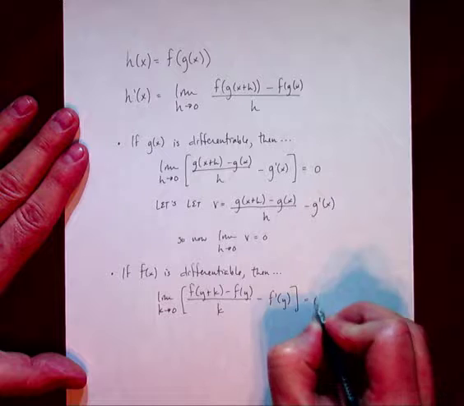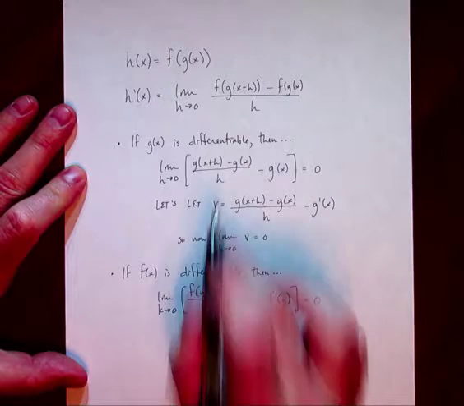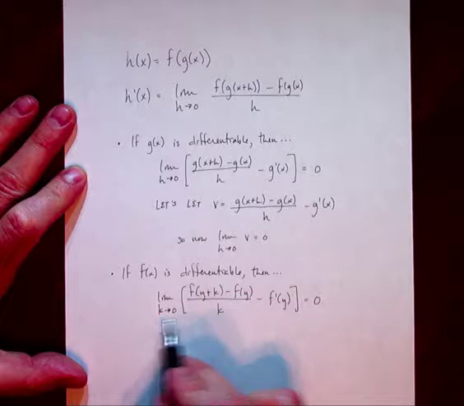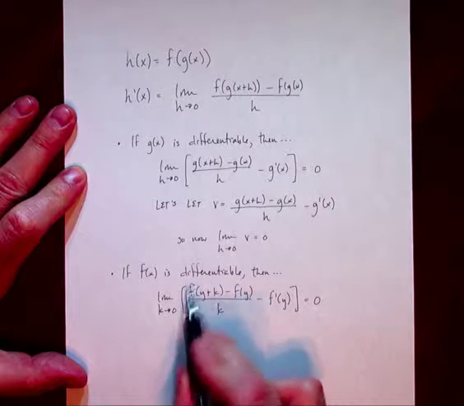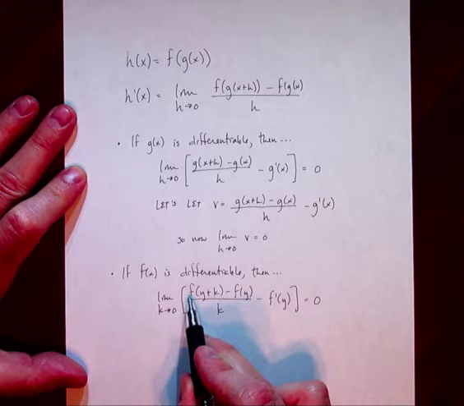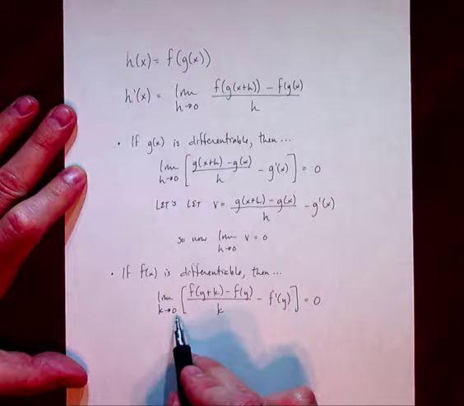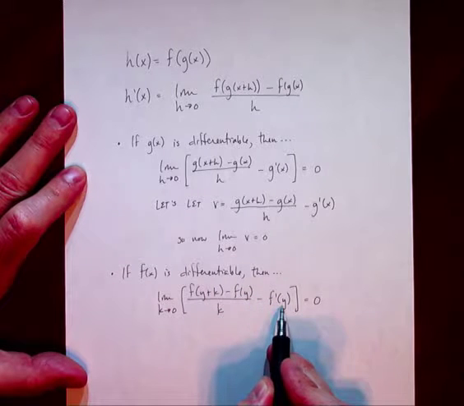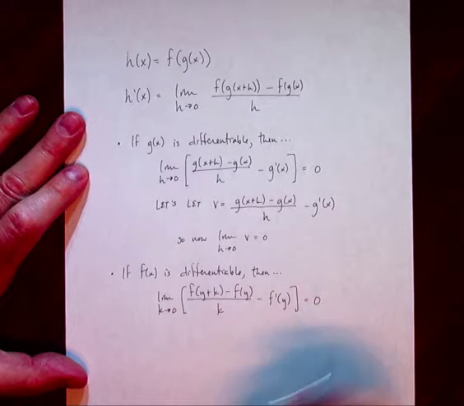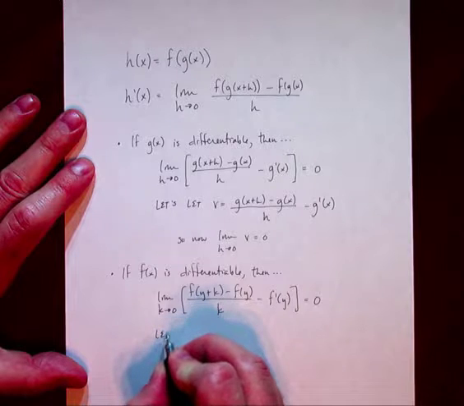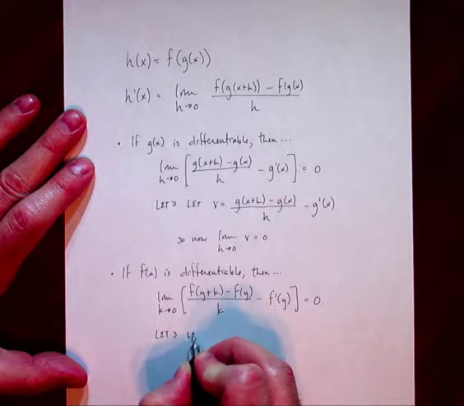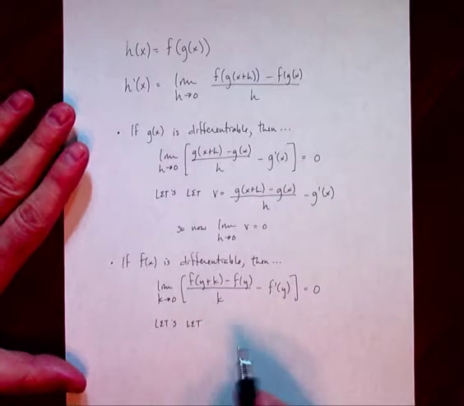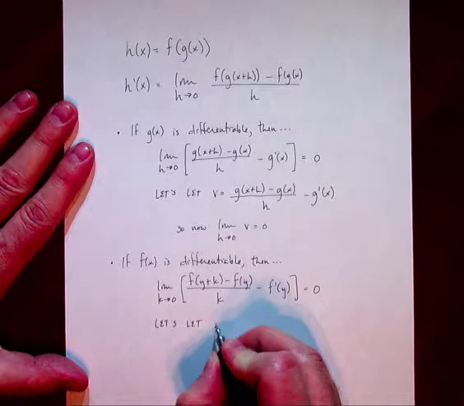Now, basically this is saying the same thing for f that this is saying about g. This quantity right here, as k goes to 0, this quantity becomes f prime. So basically, as k goes to 0, the difference between this quantity and f prime goes to 0. Okay, well, we're going to do something similar by basically creating another variable to be shorthand.